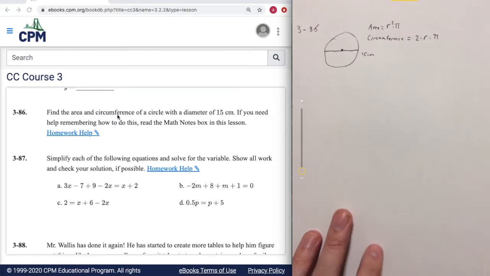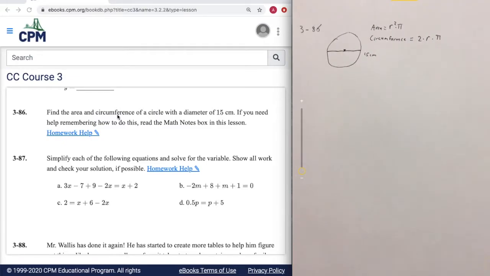If you're not sure where those equations come from, once again, up in that box above, it explains that as well. And if you notice, in these equations we're using r, but right now we have the diameter.